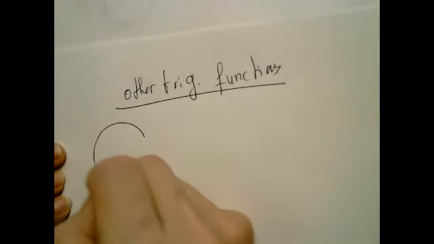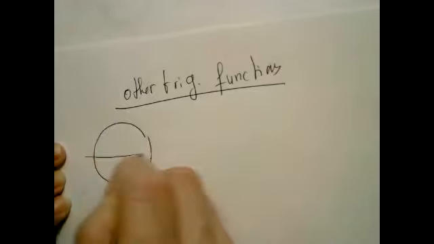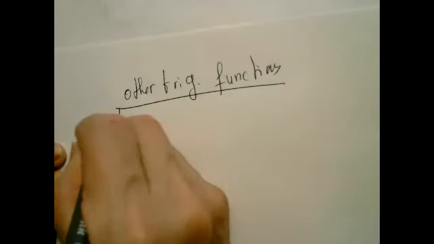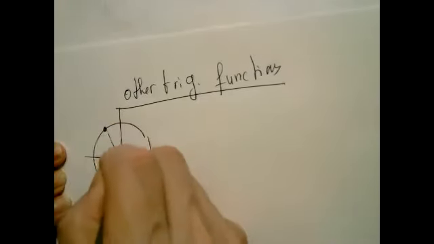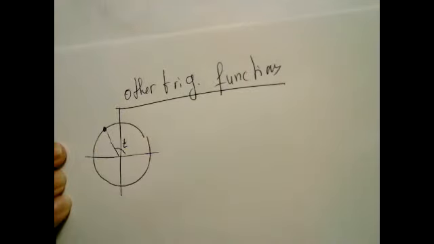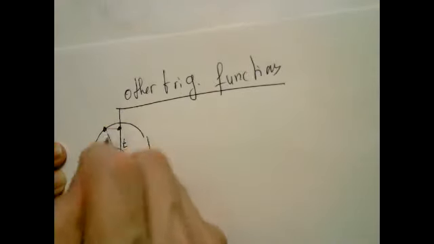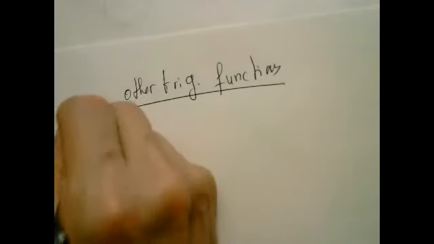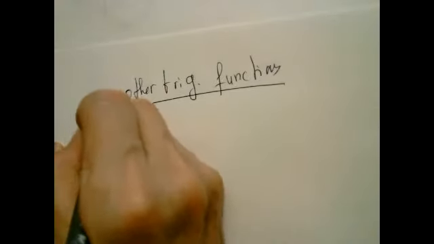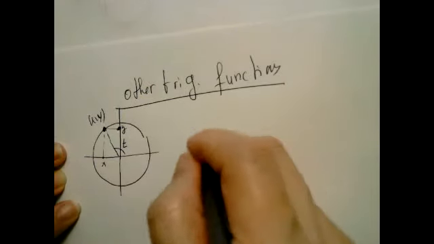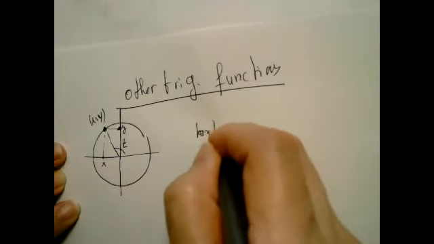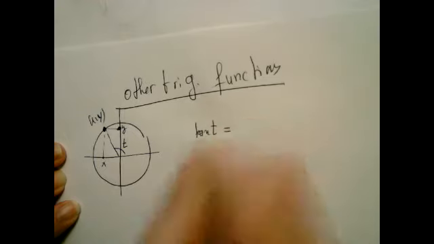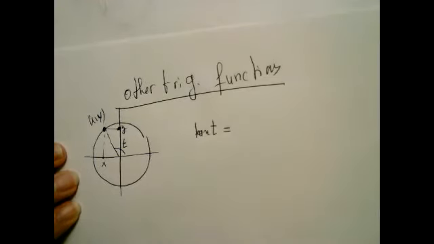So this is my unit circle. And if I have any angle t, this is my angle t. And we know that the sine is the y, and the cosine is the x. Okay, so what is the tangent? That's the unit circle definition.